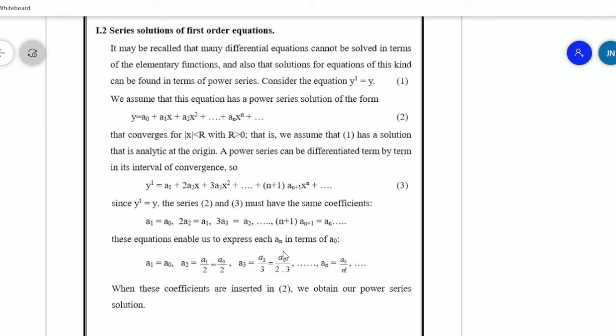Substitute these coefficients in equation number 2. So you will get y = a0 + a0x + a0/2 x^2 + a0/(2·3) x^3.